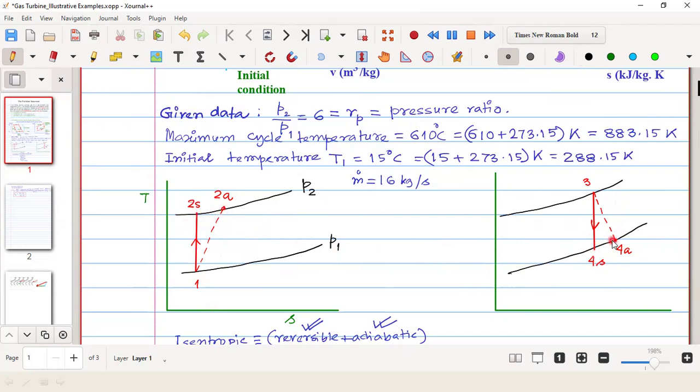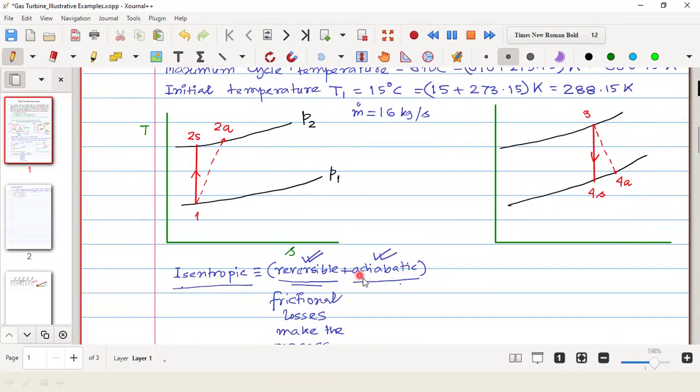That would have been inconclusive. But here, since the process is adiabatic, there is no loss of heat, and due to the irreversibility, the entropy always increases. Therefore, there is no entropy decrease due to heat loss, and there is always entropy increase due to irreversibility. That is why the entropy increases always. Okay, that you have to keep in mind.